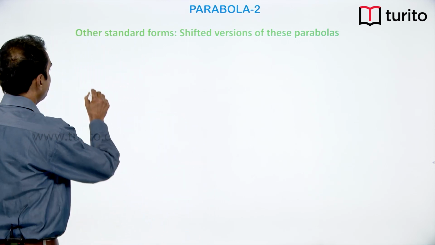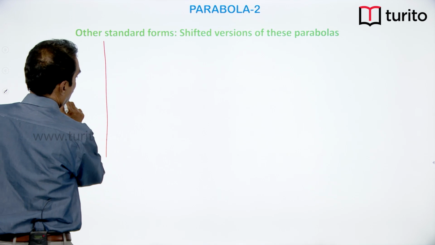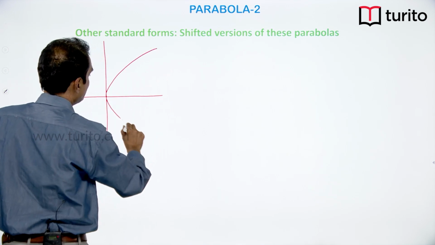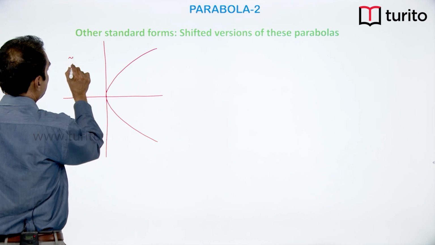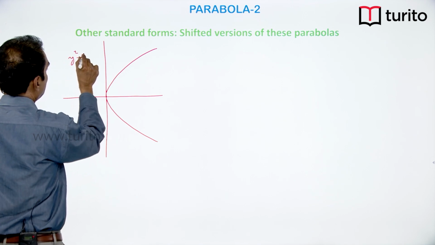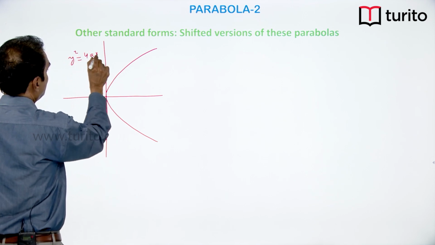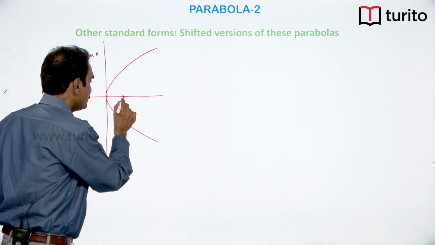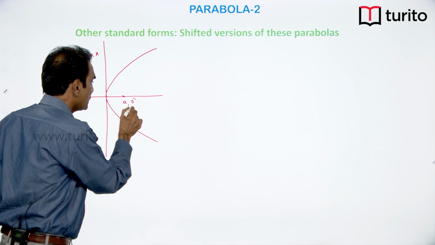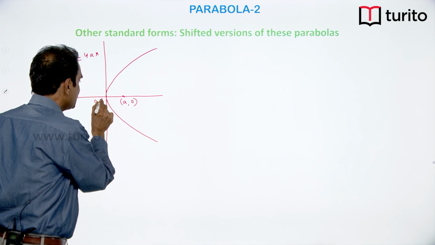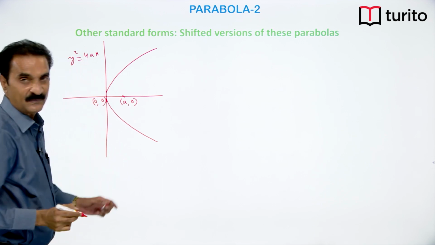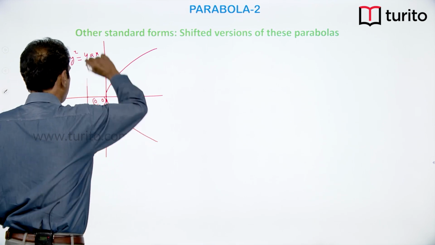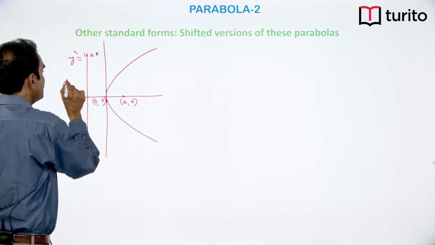One is y square is equal to 4ax. Its focus is a comma 0, vertex is 0 comma 0 and directrix is x plus a is equal to 0.